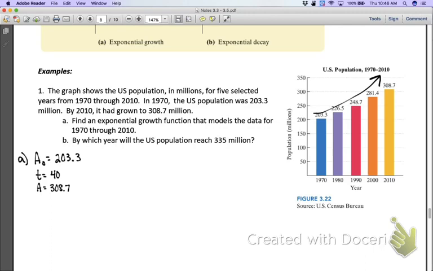So whenever we do, we just plug everything in. We take the 308.7, set it equal to 203.3 e to the 40k. Remember that e is just another arbitrary number, the natural number rather. Divide both sides by the 203.3.